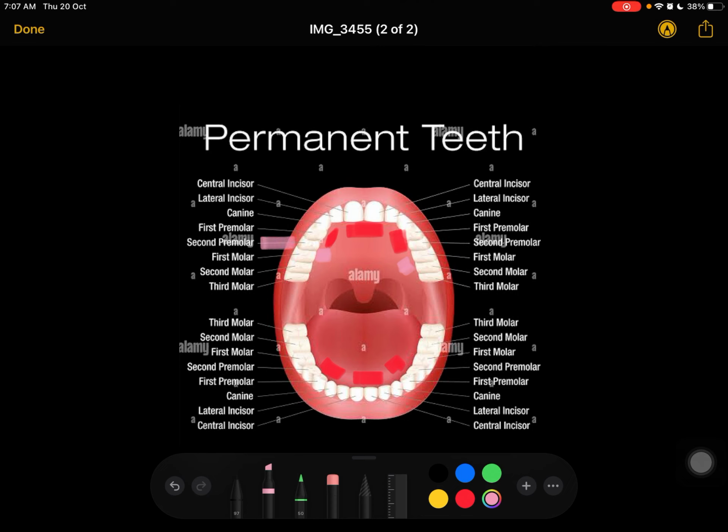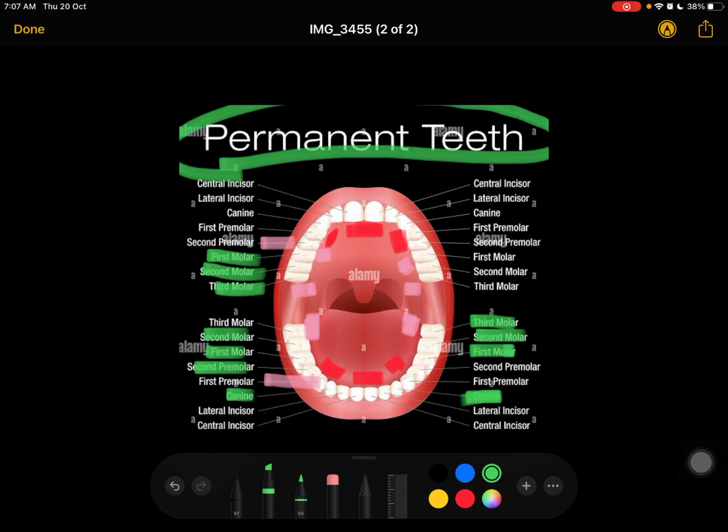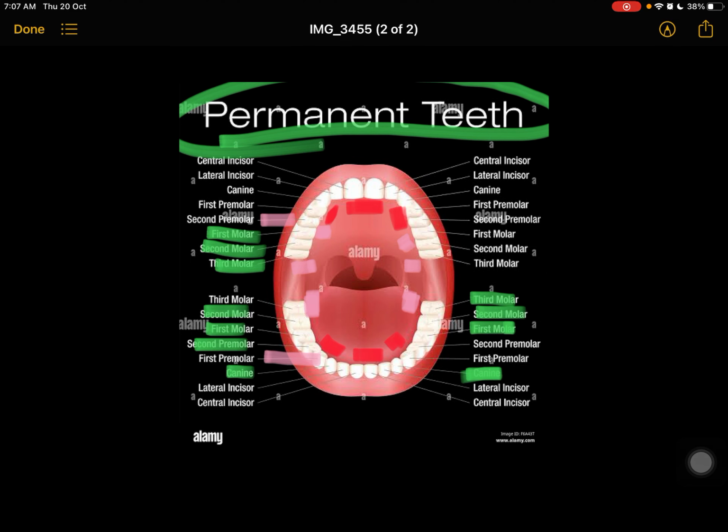This is the first premolar, then we are having molars in the last. As you can see over here, canine is here, first molar, third molar, second molar, first molar, second premolar, canine is here, first molar. So you can easily see the permanent teeth, right?